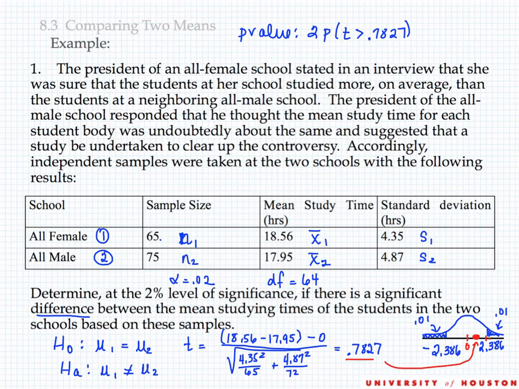And we're going to use a t distribution with 64 degrees of freedom. The probability value here is 0.437, which is greater than our alpha, so we will fail to reject our null hypothesis, which says that there's no difference.